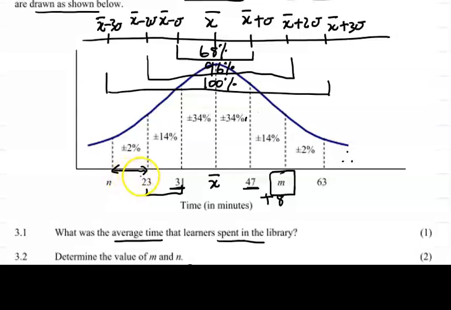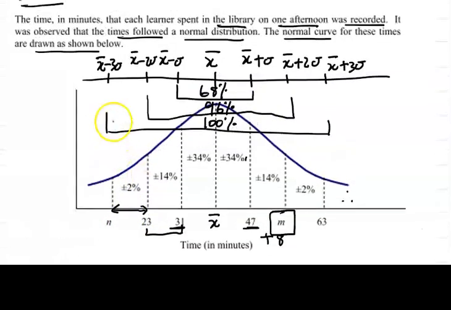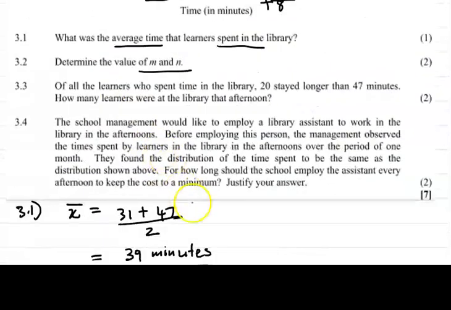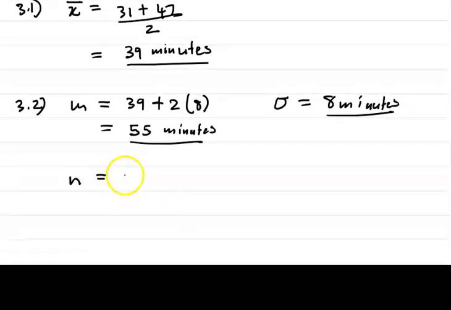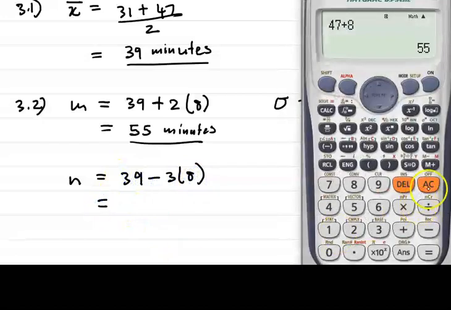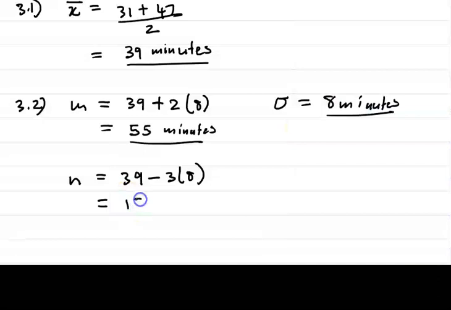We can also use our formula, x minus 3 times 8: x, which is our mean, 39, minus 3 times 8 minutes, and that will be 15 minutes.